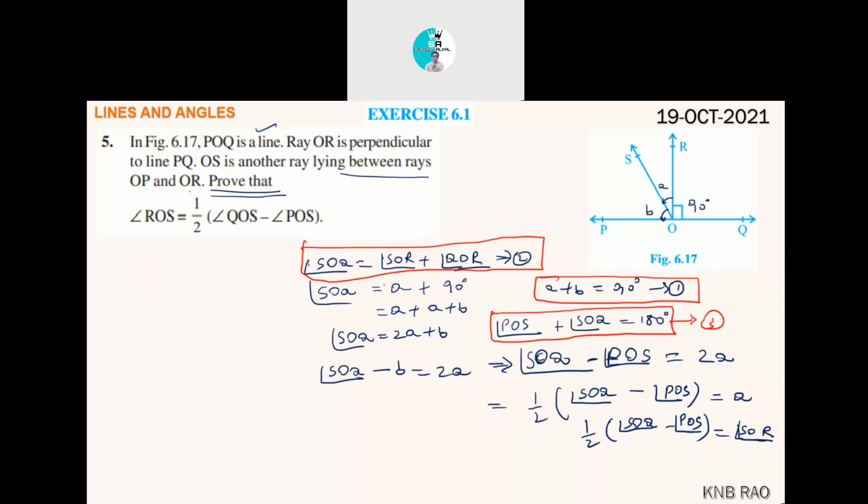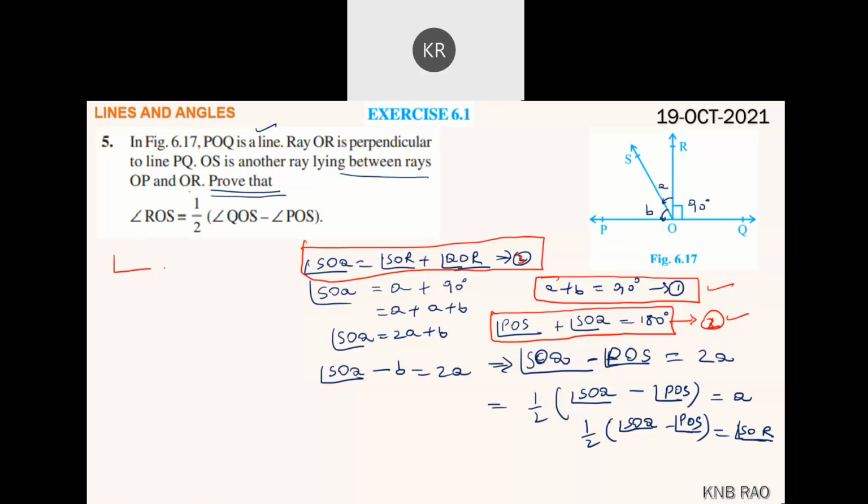Then see, 90% same things will come here. What I'm saying is, I will assume angle ROS as A, angle POS as B, and we are already given ROQ as 90. If I am writing, I will write statement 1, and this, the second one what I will write, and I'll not write the third, I'll go after the second writing.